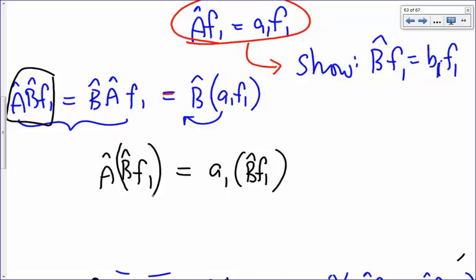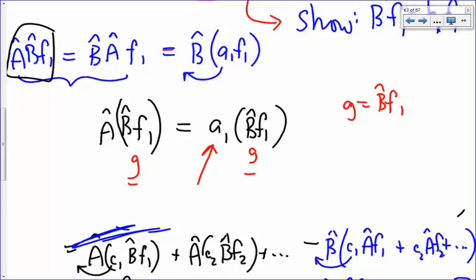Let's call this G, and let's call that G. So G is really B hat F1, right? What can you say about G? G is just another function. It's an eigenfunction of A, right? A applied on G gives you back G times a constant.